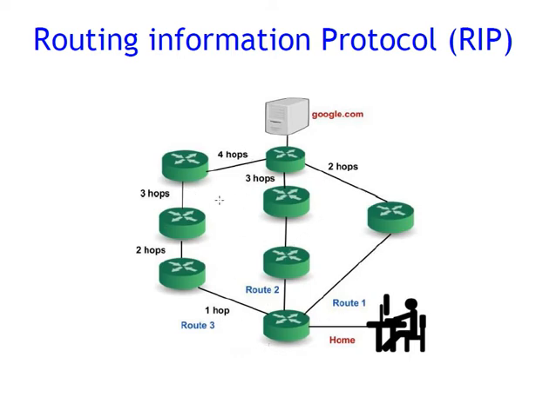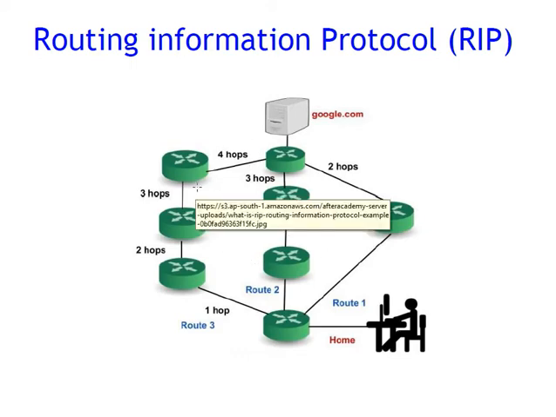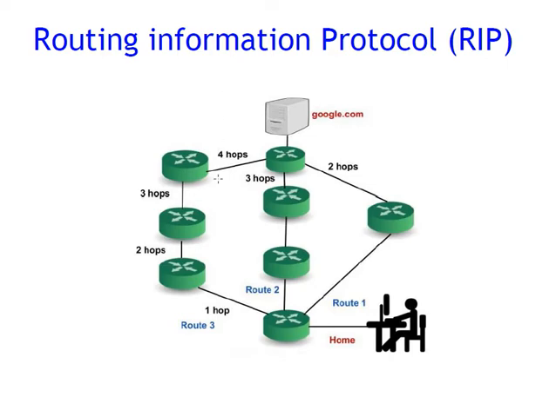So the hop count is the number of routers between the source and the destination of the network. And RIP considers the pathway with the shortest number of hops.